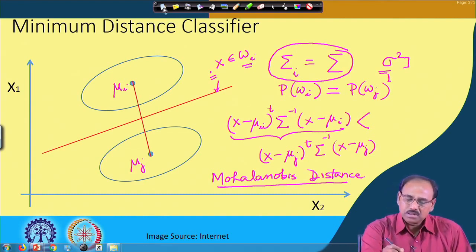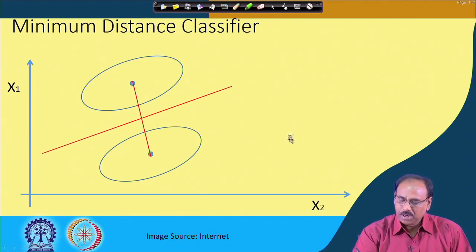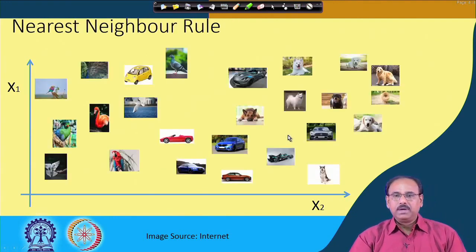So, with this background, now let me talk about what is meant by nearest neighbor rule or nearest neighbor classification. As we said before, every object or every signal is represented by a vector or feature vector, whichever way the vectors are computed.